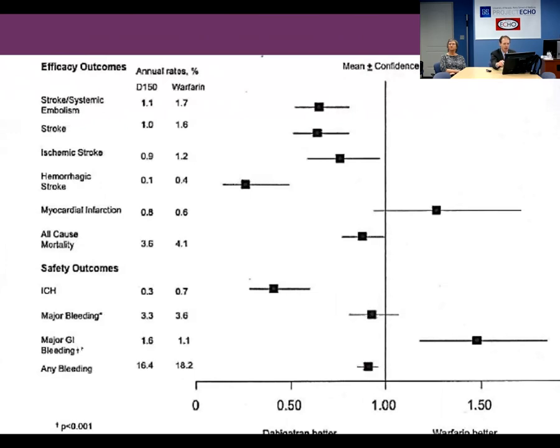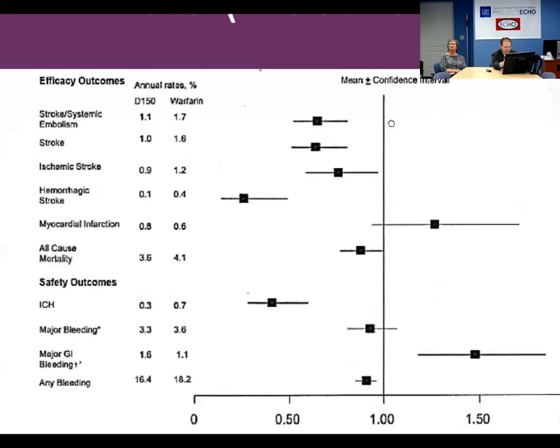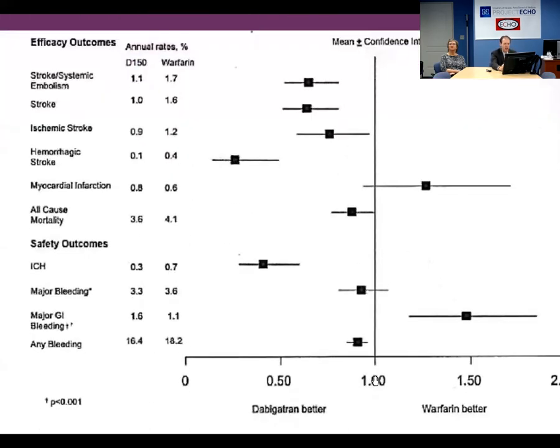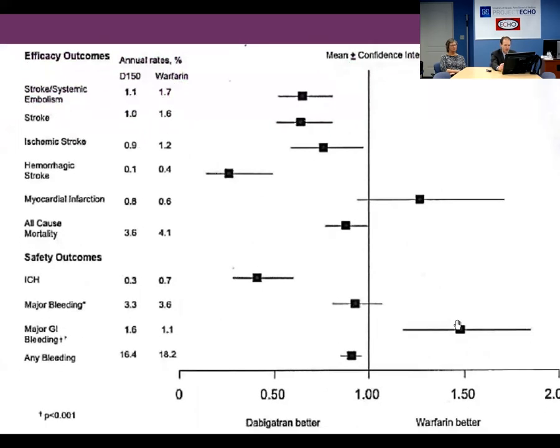Again, the box and whisker plot has a line around unity, and anything to either side of the line will tell you which therapy is better one way or the other, with the average effect in the box and the 95% confidence interval in the whisker. So overall bleeding was actually less with dabigatran, which is generally true of all the agents, but major GI bleeding was not less. That's one thing to keep in mind.